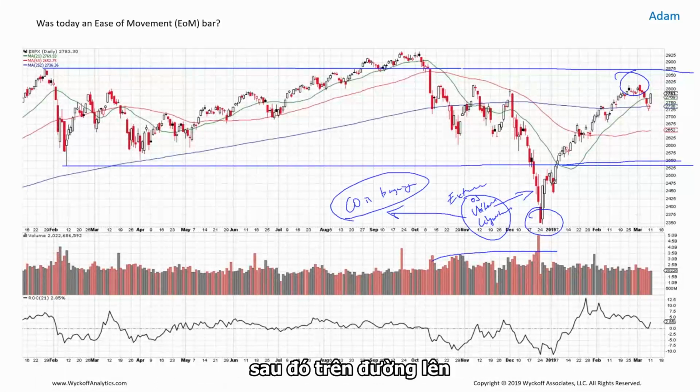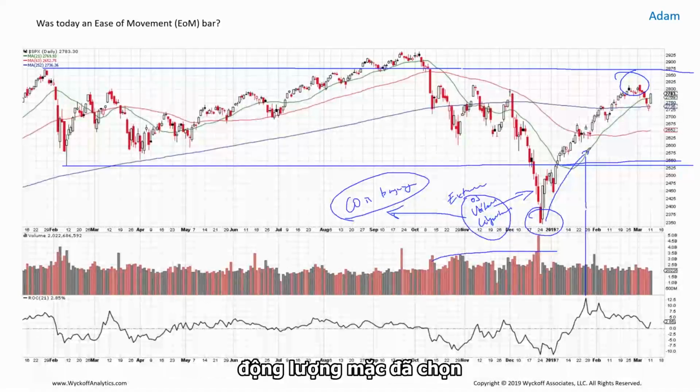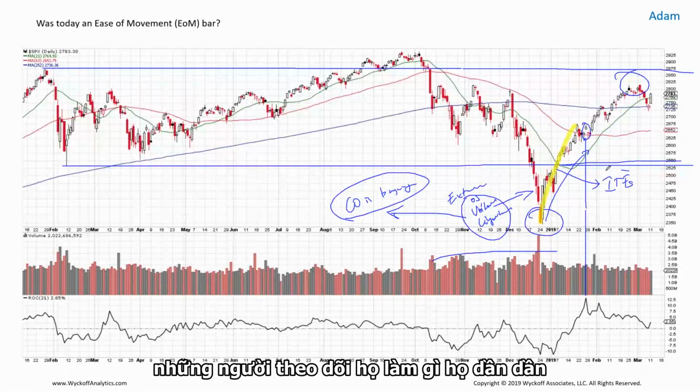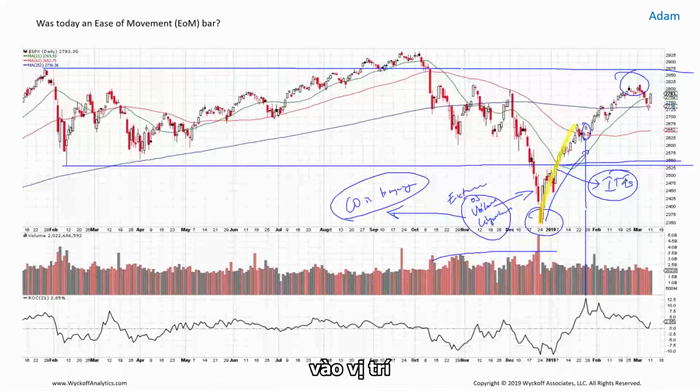Then on the way up, as we look at the momentum, look at where momentum picked, right here on the bar. So all of this is going to be institutional trend followers. They are gradually getting into the position.